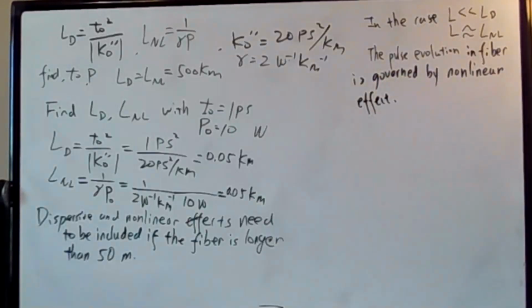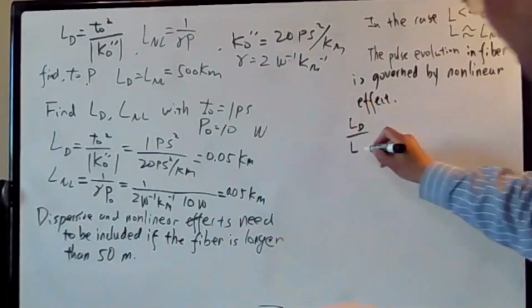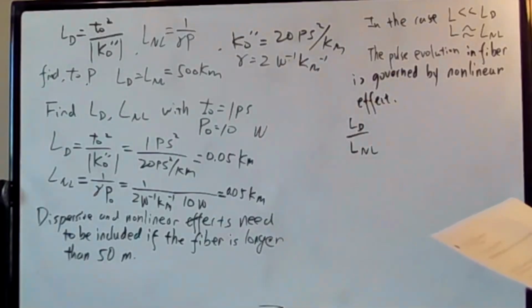So it is all by nonlinear effect. So let's calculate it. So my LD over L nonlinear. First, we need to, I'm sorry. So L is way less than LD. This is this, so that's good.